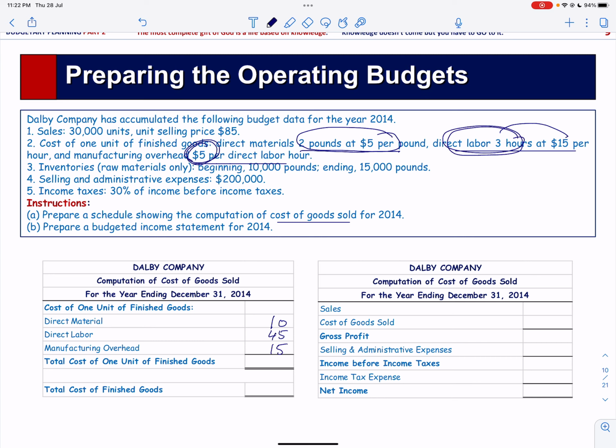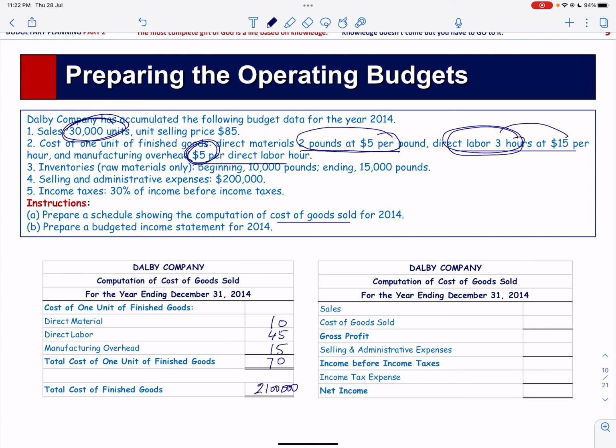So the total manufacturing cost of 1 unit is 70, and the total cost of finished goods is 2,100,000. And because we have the units sold as 30,000.